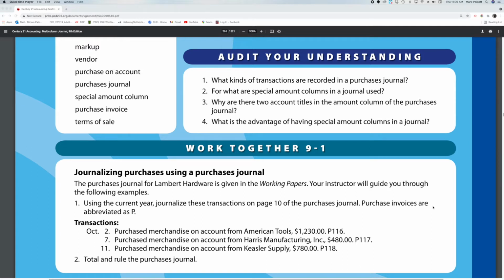Purchase invoices are abbreviated as P. Alright, so as you can see here, we are given 3 transactions, and they are dated on October 2nd, 7th, and 11th. And number 2 is asking us to total and rule the purchases journal. Okay, so now that I've read over the instructions, let's jump right into the 9-1 work together.